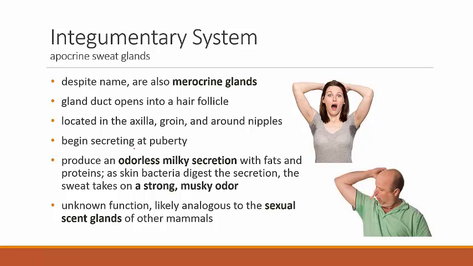It's not known whether there is any function to this for humans, but in other mammals, close relatives of ours, the apocrine sweat glands have the function of alerting other animals of that same species to where in the sexual cycle that animal might be.